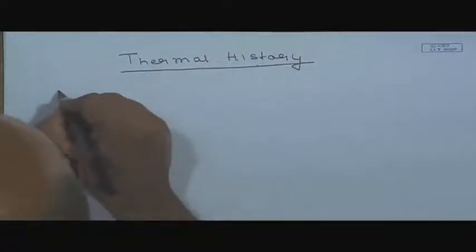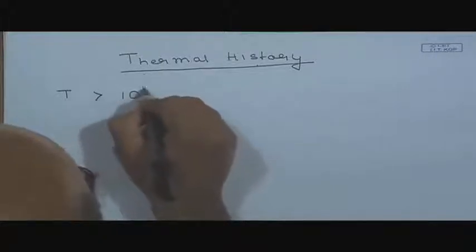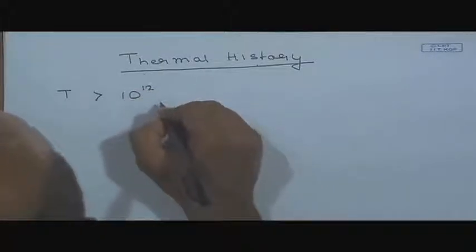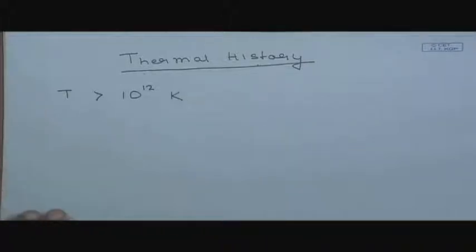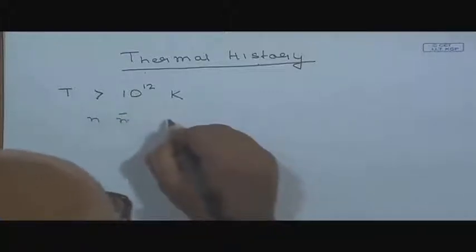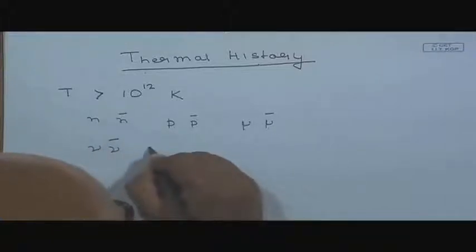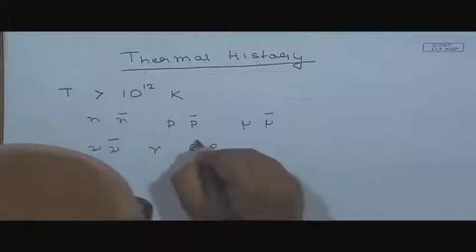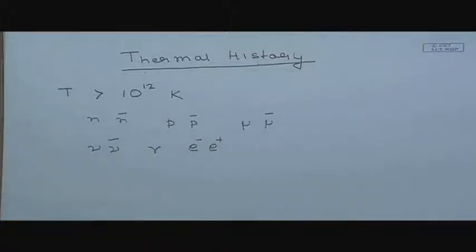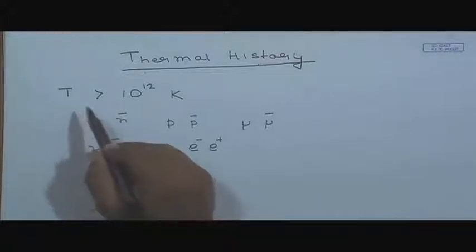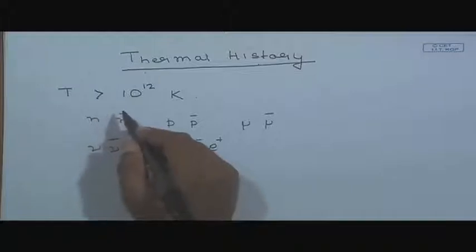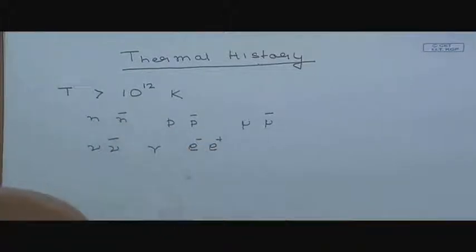So, at temperatures greater than 10 to the power 12 Kelvin, we have the neutrons and antineutrons, protons, antiprotons, muons, antimuons, and we have the neutrinos, antineutrinos, photons, electrons and positrons, all in thermal equilibrium at these very high temperatures, 10 to the power 12 Kelvin.